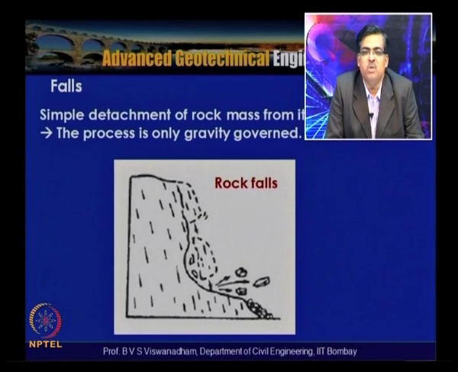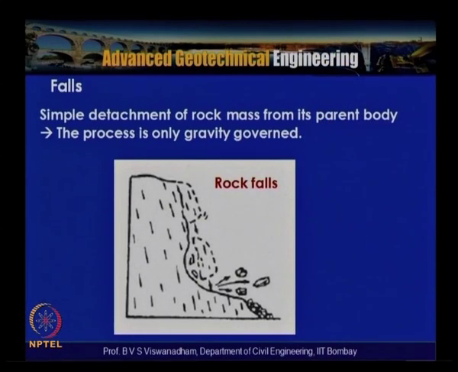So simple detachment of the rock mass from its parent body can lead to rock falls. This process is only gravity governed, and is very alarming in the sense that if you have a transportation network along this area, then there is a possibility that these rock falls can endanger the lives of people. So this needs to be addressed by appropriate rock fall mitigation methods.